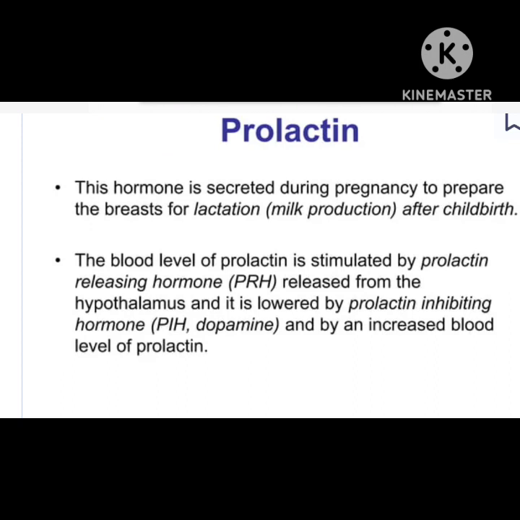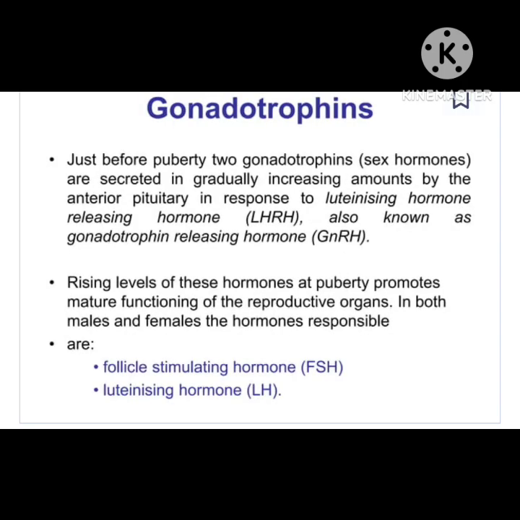Clear? Next is prolactin. This hormone is secreted during pregnancy to prepare the breast for lactation, like milk production. This hormone is mostly responsible for the production of milk, so you have to learn only this. Next are gonadotrophins. Two gonadotrophins, that is sex hormones, are secreted in gradually increasing amounts by the anterior pituitary, stimulated by gonadotropin releasing hormone.